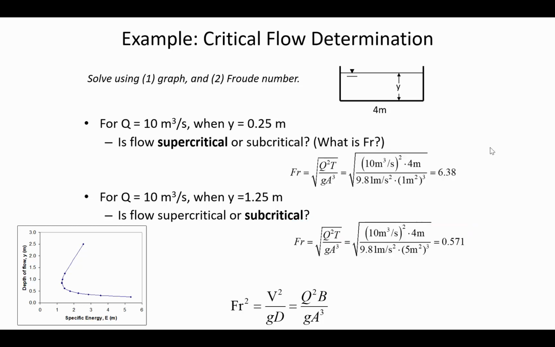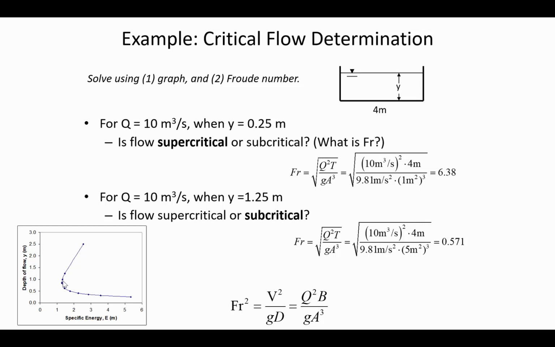Okay, so you can see here the Froude number for the first case is 6.38. So that, just from the Froude number alone, will tell us that we have supercritical conditions. But looking off of the figure, we can also tell, because here's our specific energy diagram.